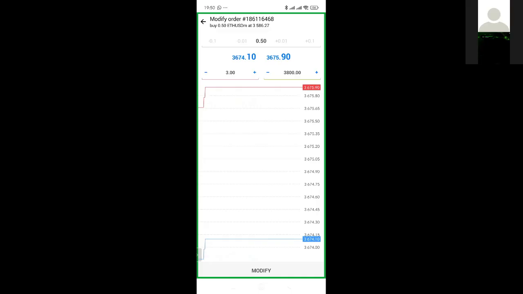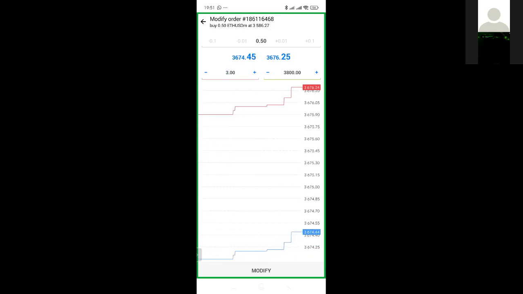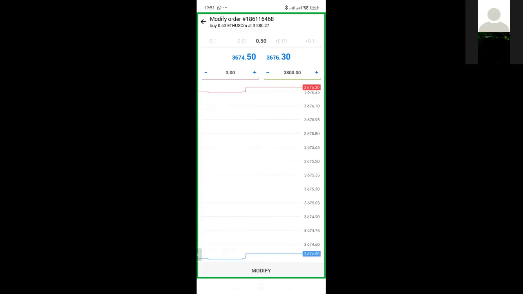Can you see that modify order on the screenshot? Yeah, I saw modify order, and they said the ETH and the number there is 3586.27.